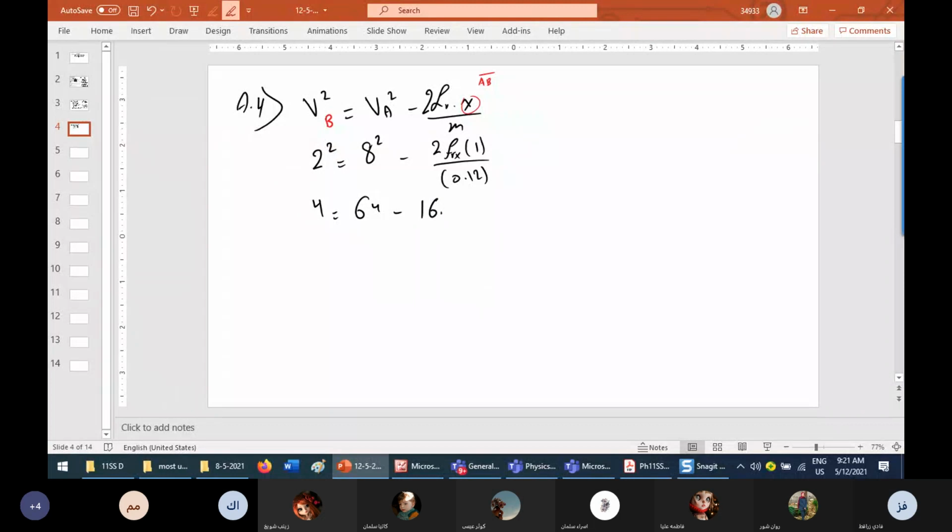Yes. Okay, so I can arrange it. Bring the friction here and 4 here. 16.67 friction equals 64 minus 4, which means 60. Friction will be 60 divided by 16.67.